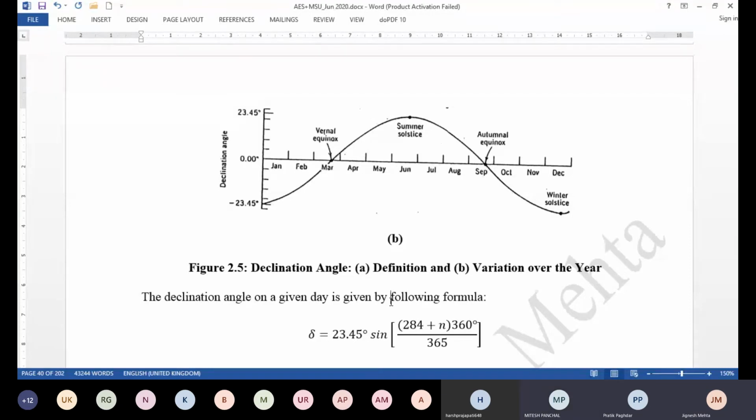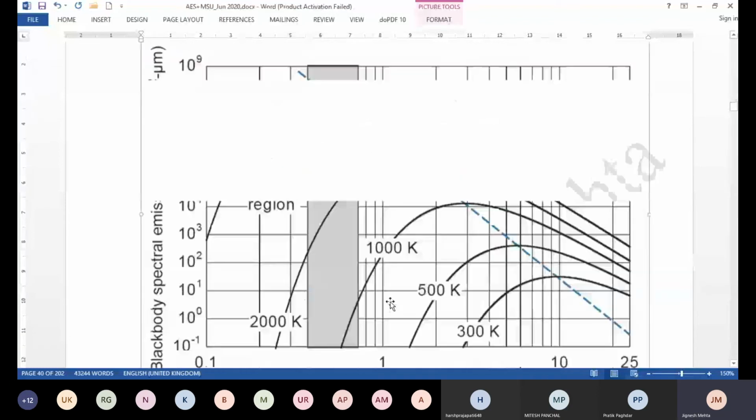So logically, you are close to December 23, right? One month away from that. So it was minus 23.45 on December 23, right? Now you are moving towards zero on March 23, but you are just one month away from December. So from December to March, you will get a negative answer, and you are close to December 23.